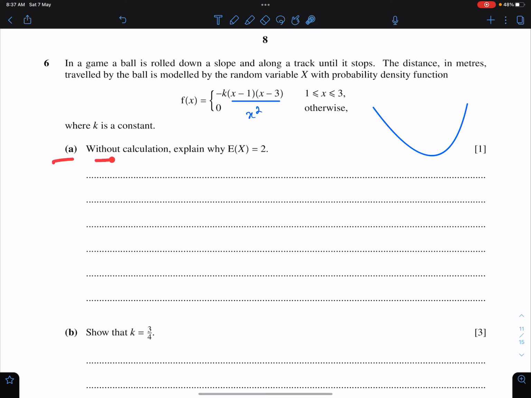First part, without calculation, explain why the mean is 2. Since we have two values, 1 here and 3 here, the mean must be 2, the average of these two.